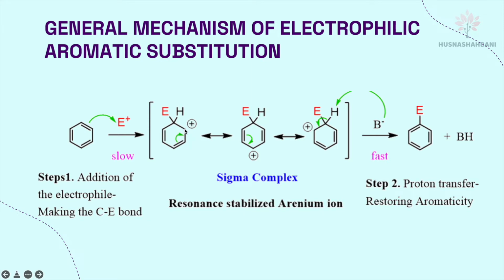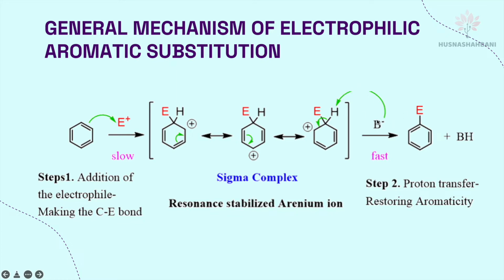And when this carbon is positive, the double bond here will change its position to here to make this carbon stable again, not positive. But when this double bond changes its position, this carbon here becomes positive, and the double bond near to this carbon changes its position to make this carbon stable again. And finally, this carbon becomes positive, and the hydrogen on the arenium ion will be attacked with a nucleophile.